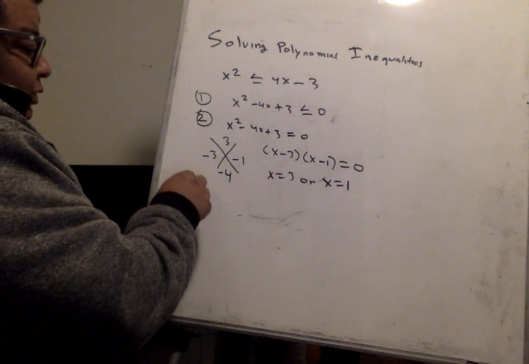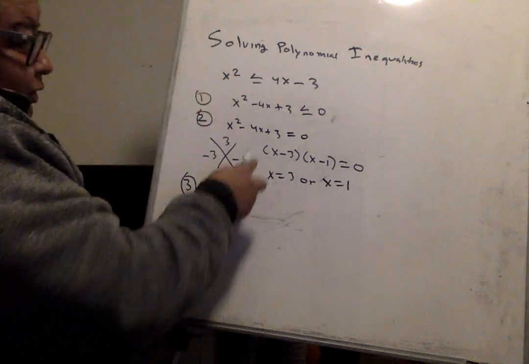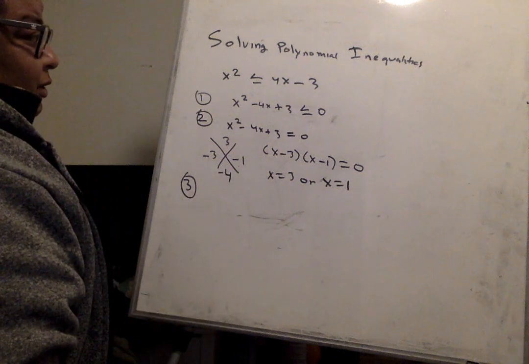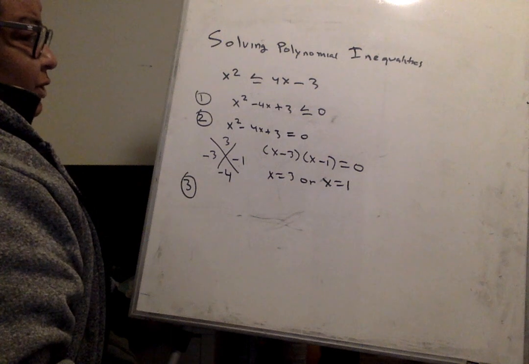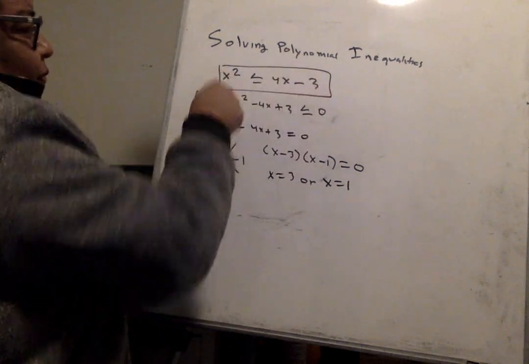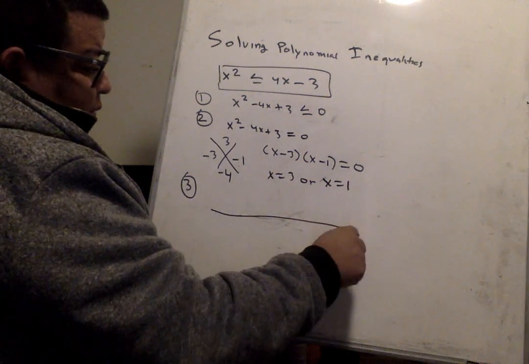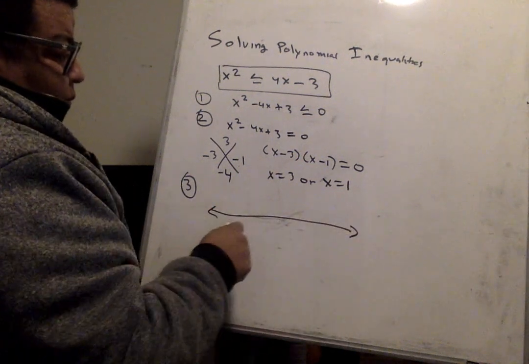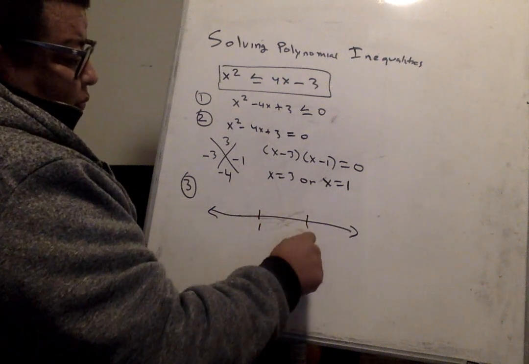Now the final step is to graph the inequality, which gives us the solution to this problem. So you draw a number line, and then you put these endpoints 1 and 3.